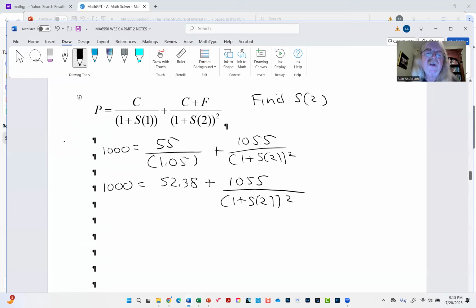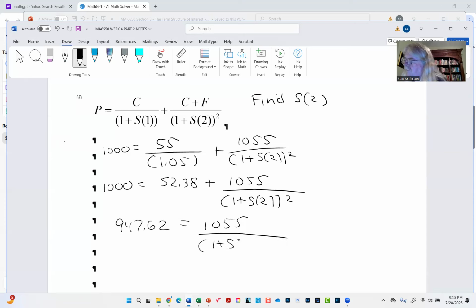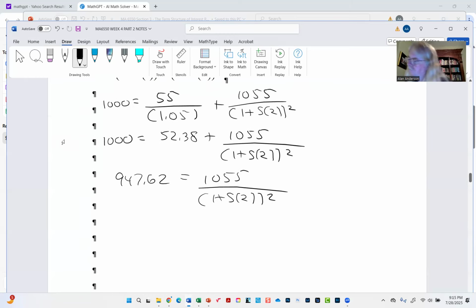So I subtract, of course, the constant 52.38 from the left-hand side and the right-hand side. So I end up with 947.62. Now, of course, I'm going to cross multiply.